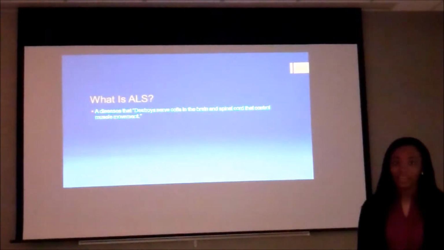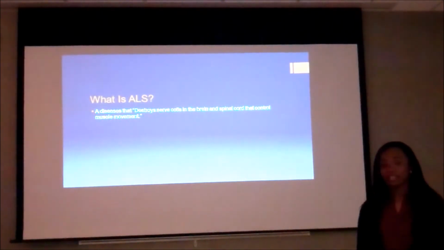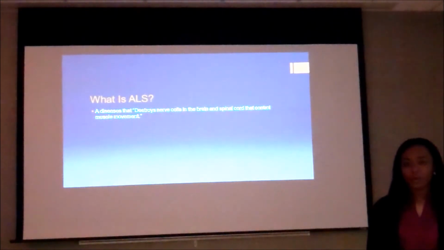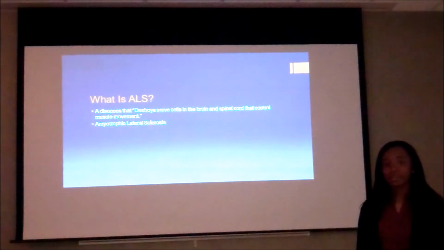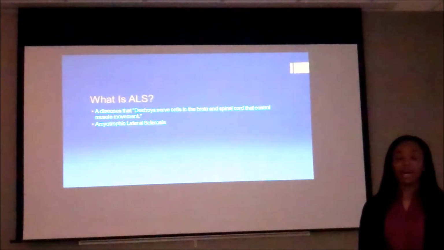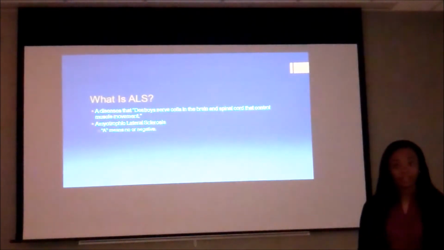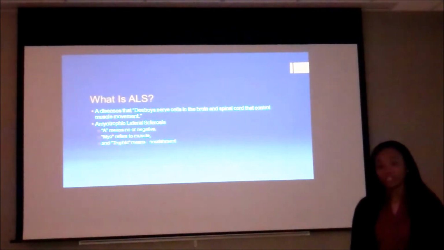So what is ALS? ALS is a disease that destroys nerve cells in the brain and spinal cord that trigger muscle movement. And so what exactly does ALS stand for? ALS stands for amyotrophic lateral sclerosis. The A means no or negative, the myo means muscle, and the trophic means nourishment.